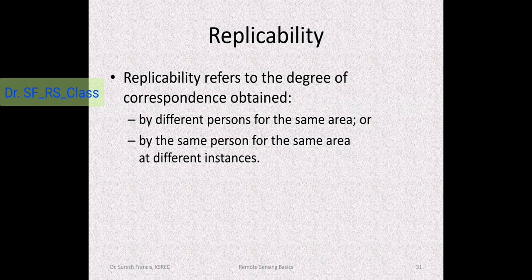All these quality aspects that we have talked about: if different persons are mapping the same area and the same theme, or the same person is mapping the same area at different times, the interpretation needs to be the same, and that will happen only if we have a stringent basic interpretation framework with the help of interpretation elements and interpretation keys.